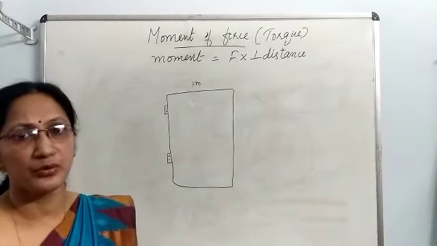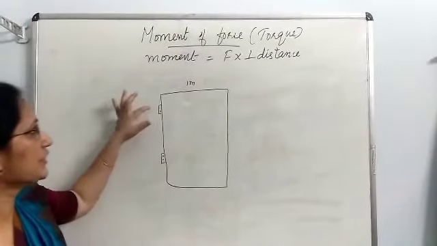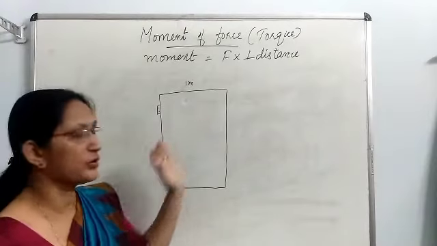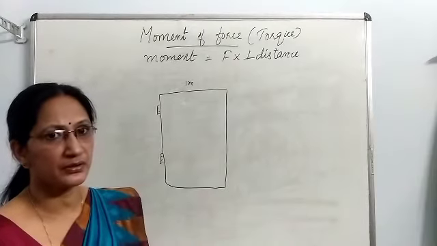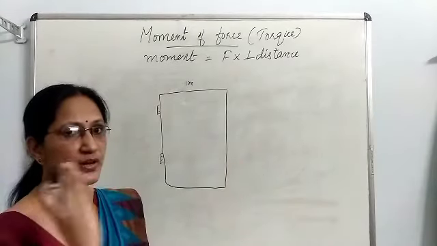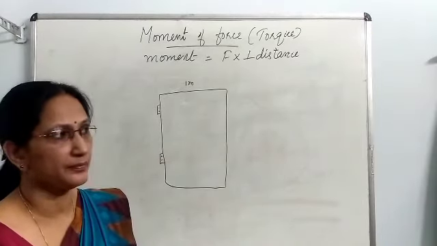Let us solve one more numerical. A door. These are the hinges of the door. To open or close the door, we have to apply some force anywhere on the door. It makes a moment. Door will turn either clockwise or anti-clockwise. Like that it gets opened or closed.